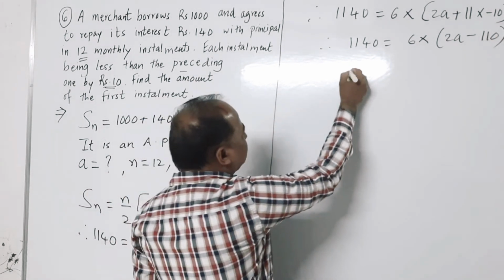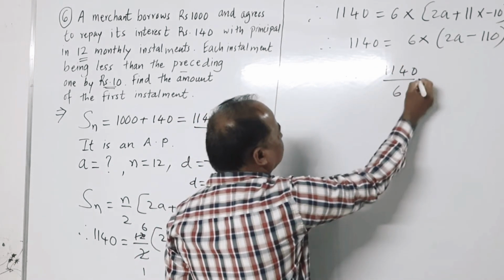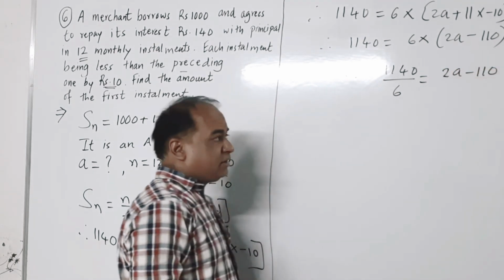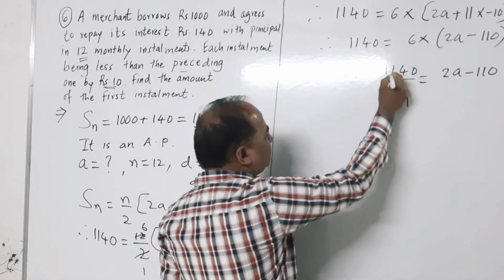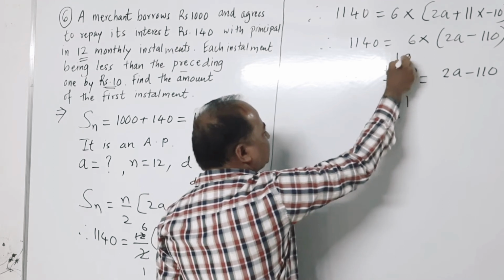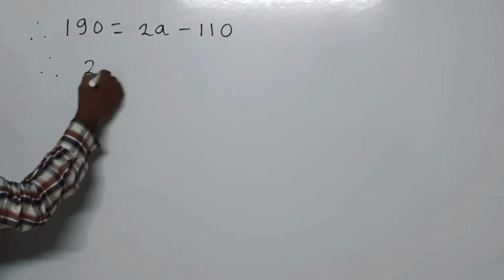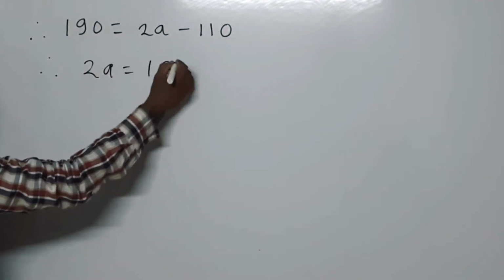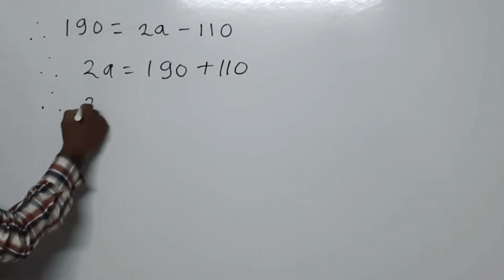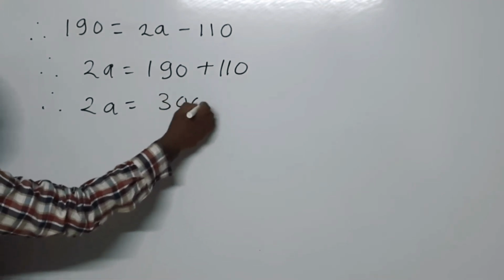Therefore 1140 upon 6 is equal to 2a minus 110. Dividing 1140 by 6, we get 190. Therefore 2a is equal to 190 plus 110, which is 300.